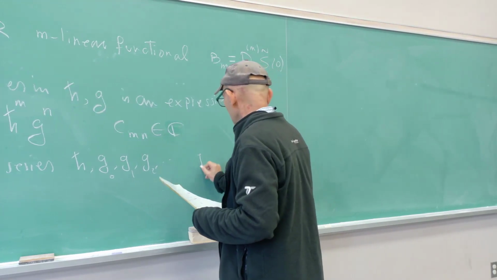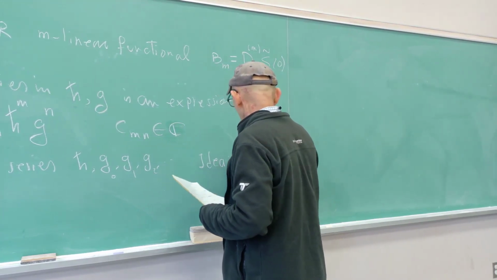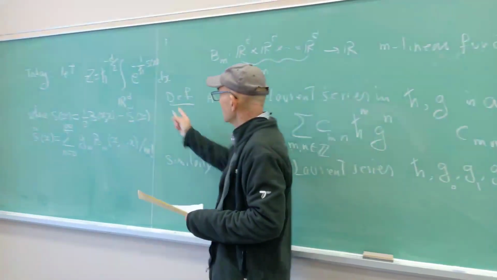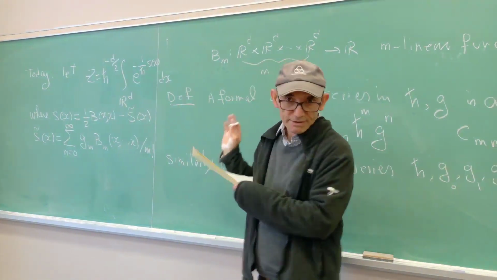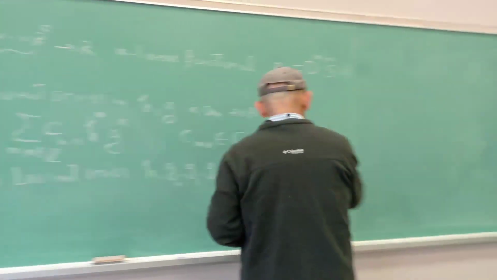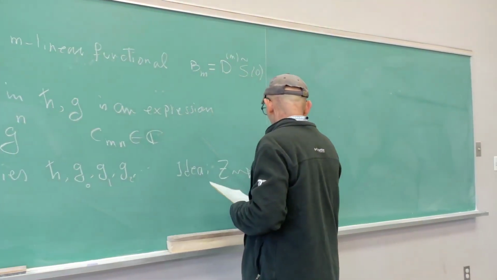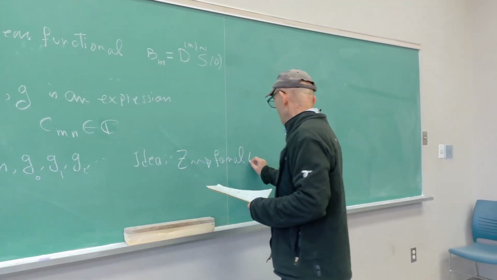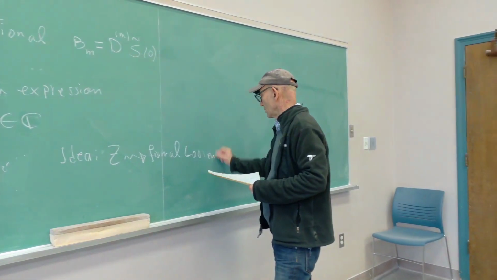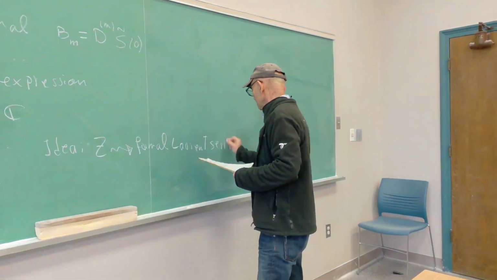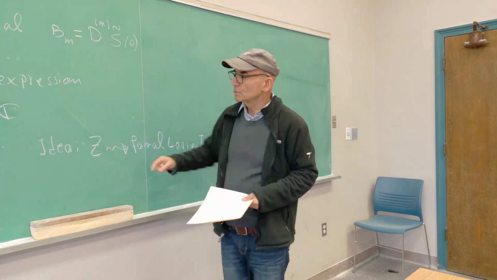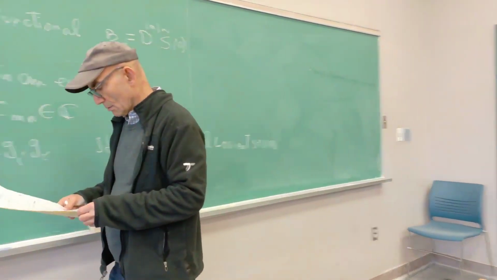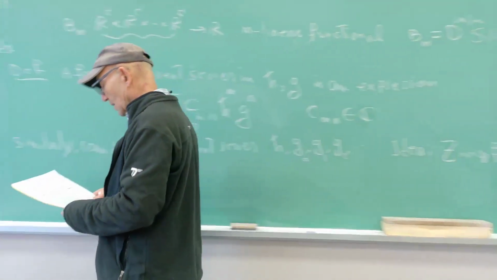So the idea is that this Z that I introduced over there can actually give us a formal Laurent series, formal in the sense that I defined. To justify this idea, let me give you an example.